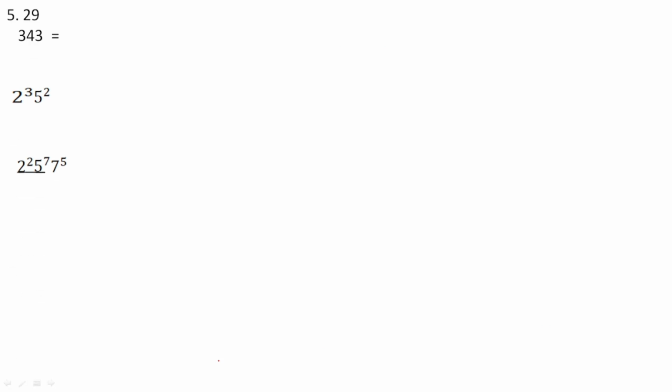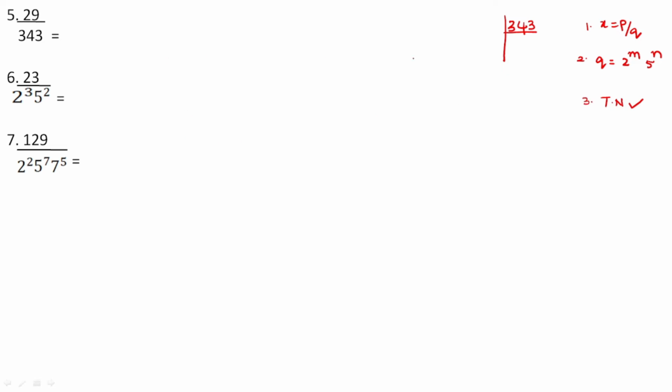Now we'll look at a few more questions in the exercise. 29 divided by 343. Before that we will write down the expansion also. If x equals p by q, remember these 3 points, based on this we will consider the prime factorization.